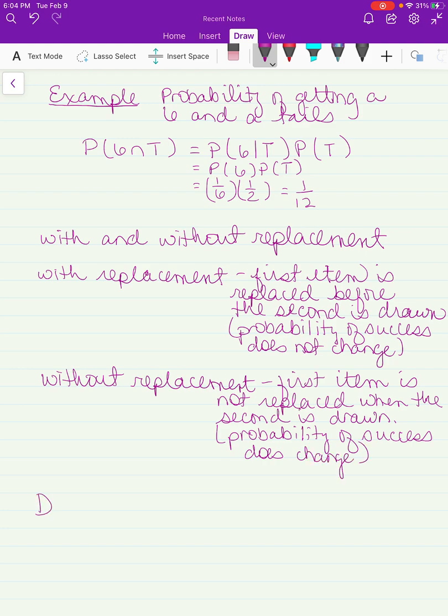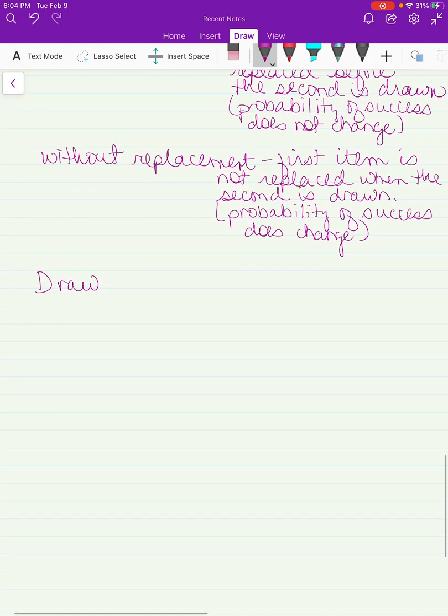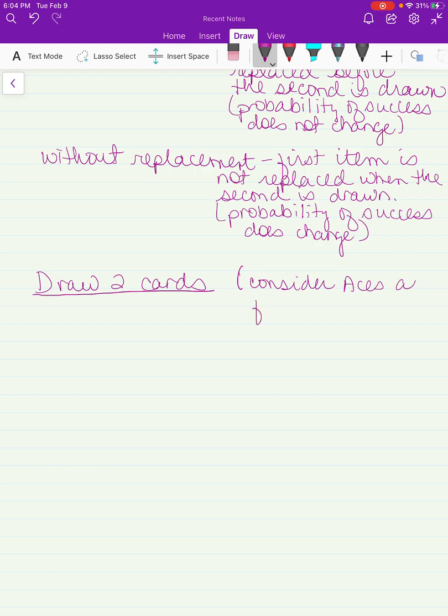So here's an example, and this should help make a whole lot more sense. I'm going to draw 2 cards. Obviously, you need to know how a deck of cards is made up. You have 4 suits. You have 13 cards in each suit. And every time you do a problem for me with cards, consider aces a face card.